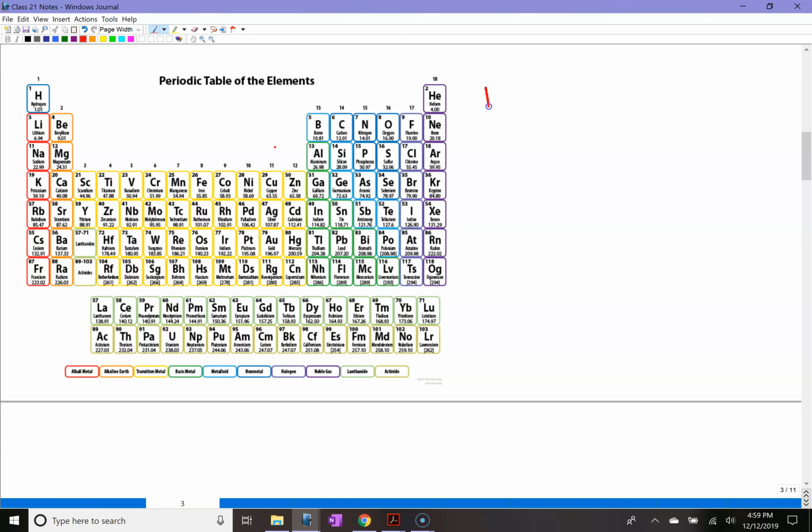So 1 mole of carbon atoms is going to have a mass of 12.0 grams of carbon. 1 mole of hydrogen atoms is going to have a mass of 1.0 grams of hydrogen.